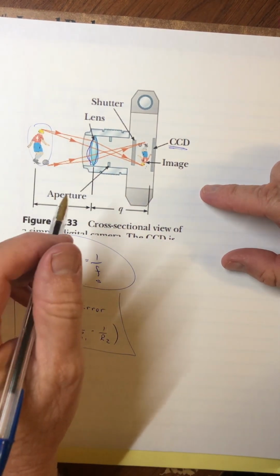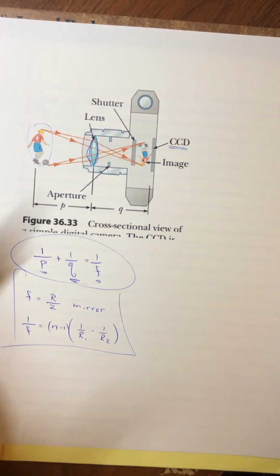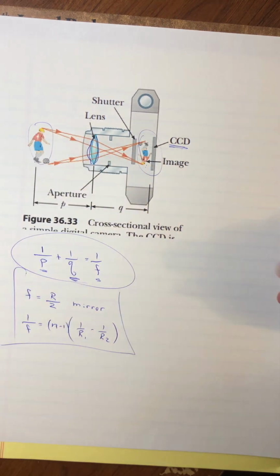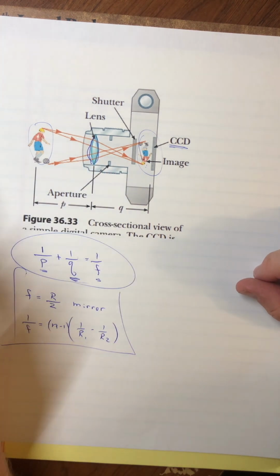The concave one made things smaller, right side up, and always gave us a virtual image. So we're not going to be able to use that for a camera because we've got to get that light on the detector. And in this case, we're going to flip it upside down.